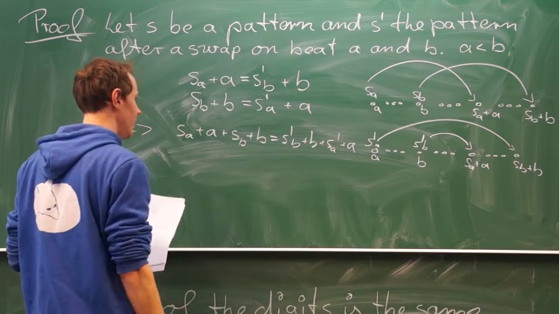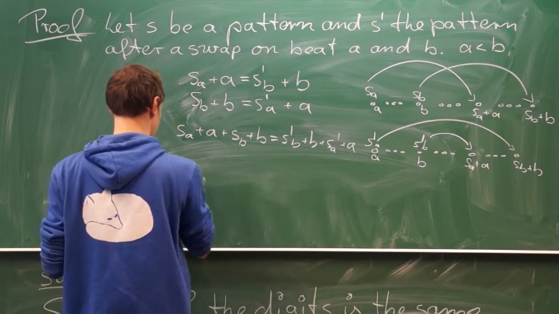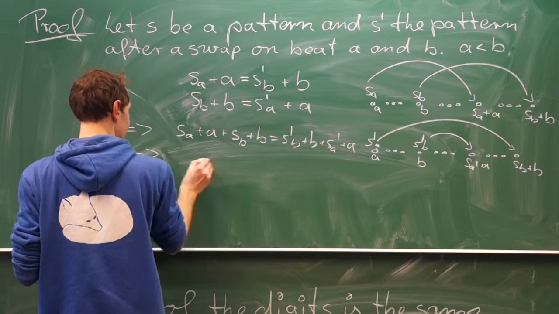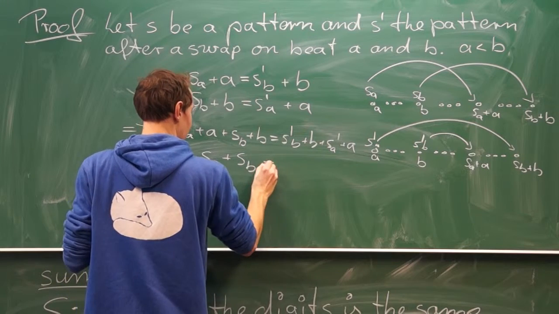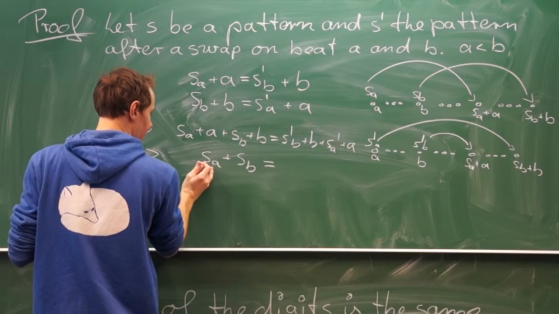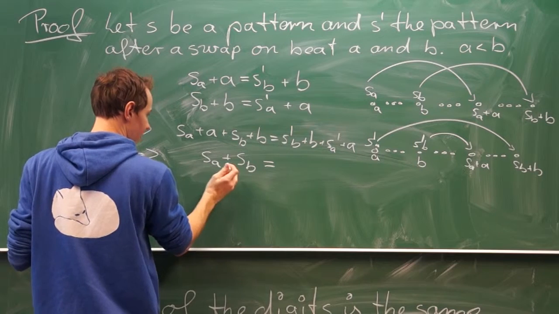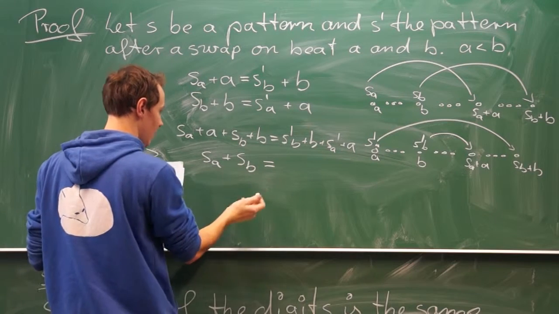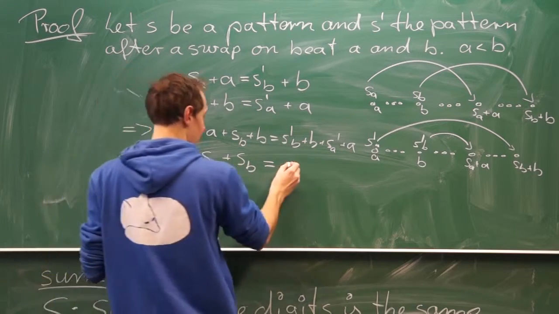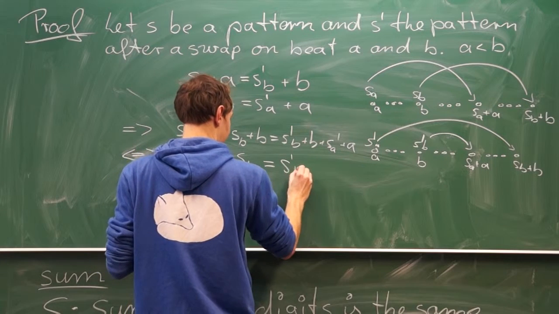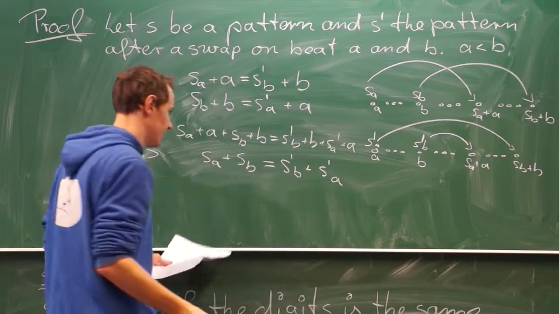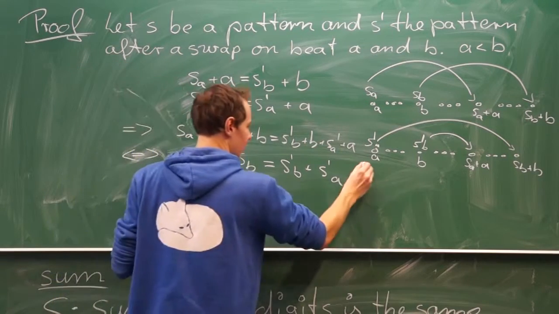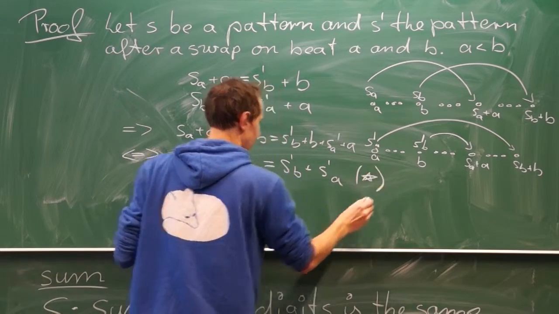And now what I do is I subtract B and A, and I come to this expression: that the throw S_A and the throw S_B added together are the same as those two. Okay, and this is a really good equation that we can use later.